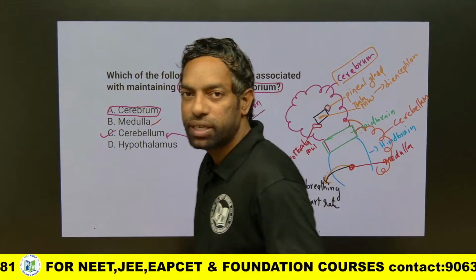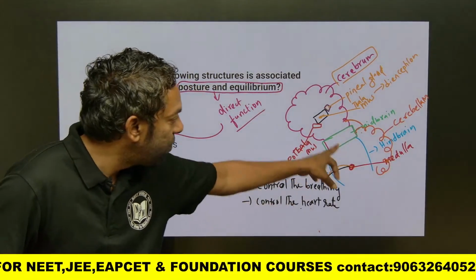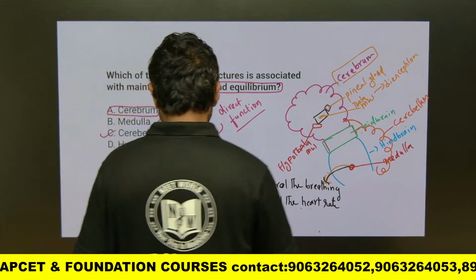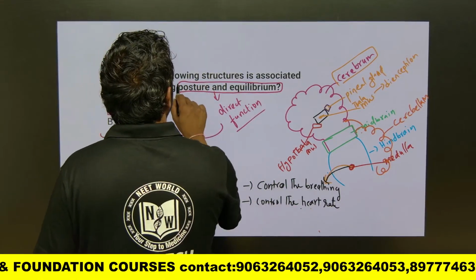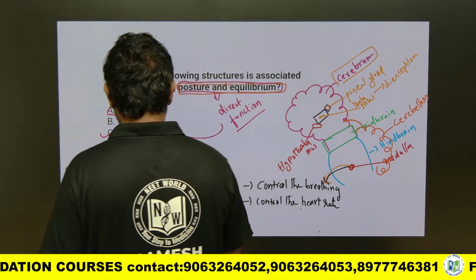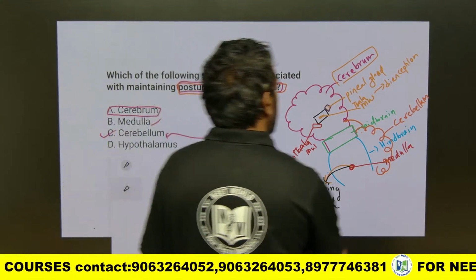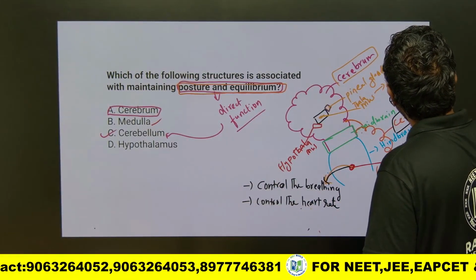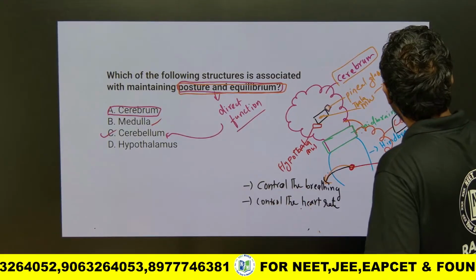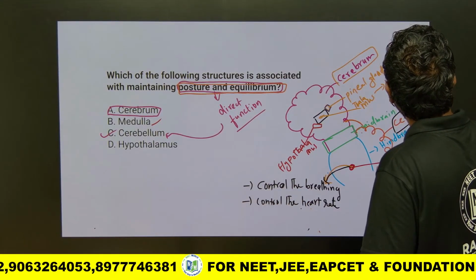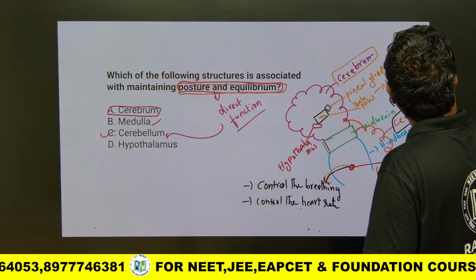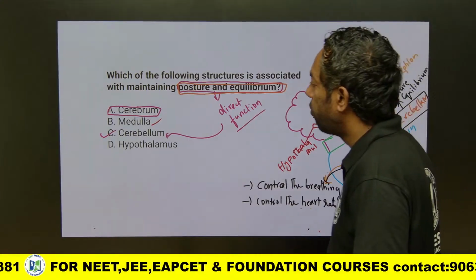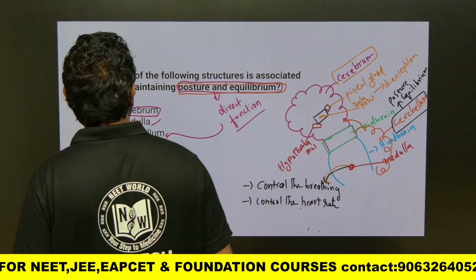The neurons from the cerebrum carry forward downward to the cerebellum. Cerebellum acts on posture maintaining and equilibrium.